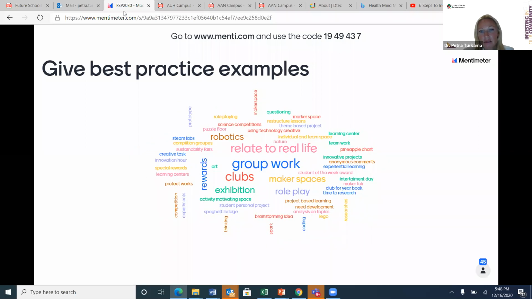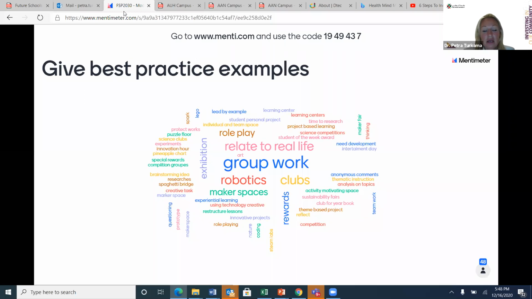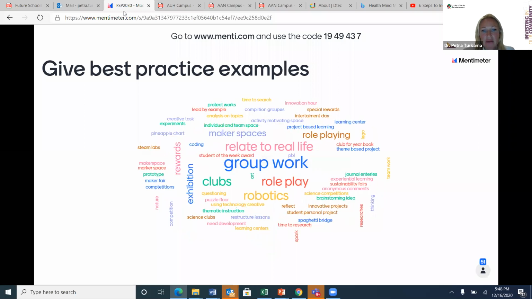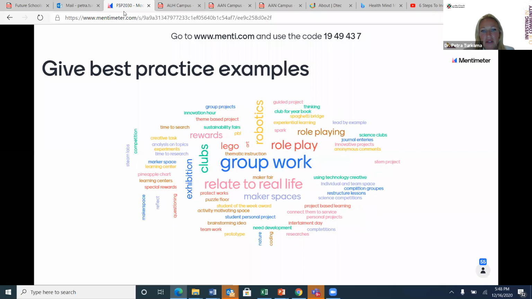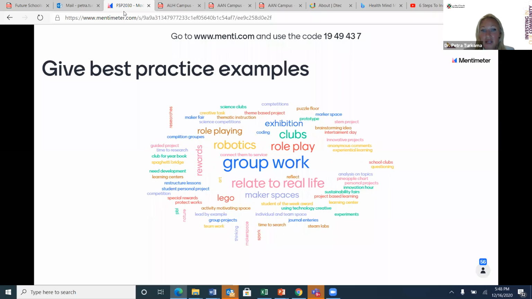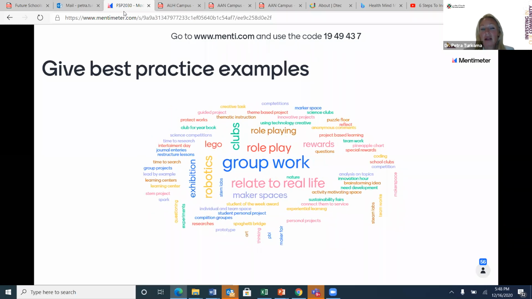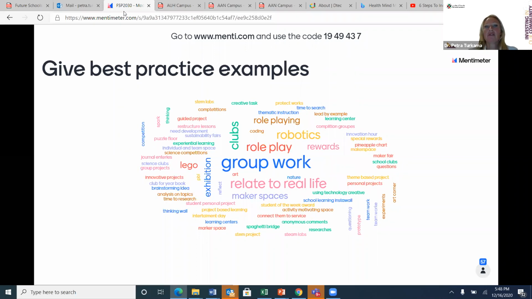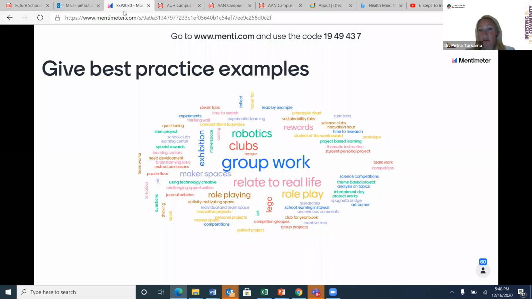I don't have experience from where you have, so we have here leading by example, role play, very nice. Clubs, yeah, clubs are very good, and I think it's also great for just learning leadership skills. So we have, for example, Green Club. I think the students are amazing.